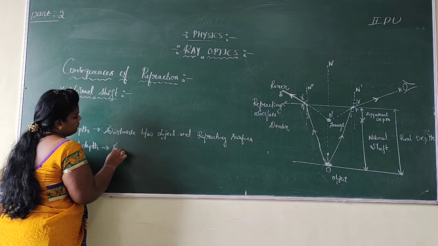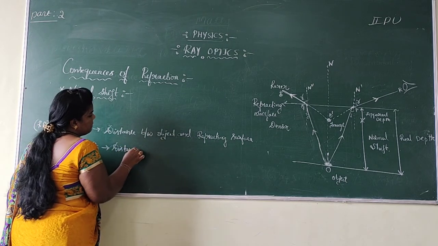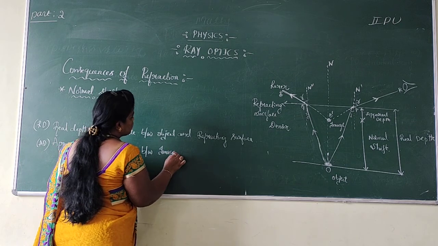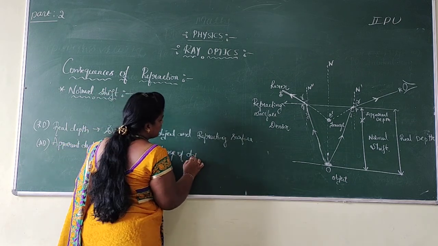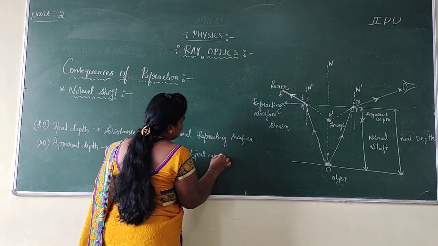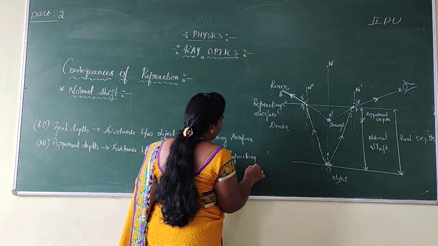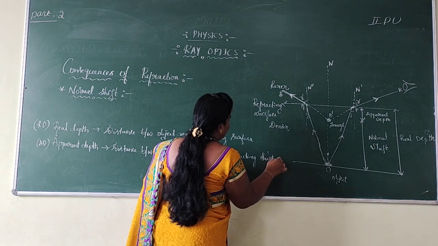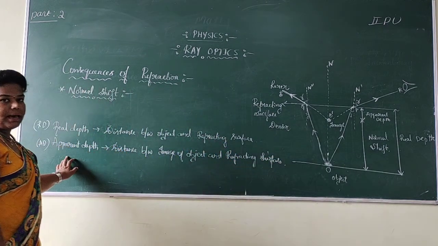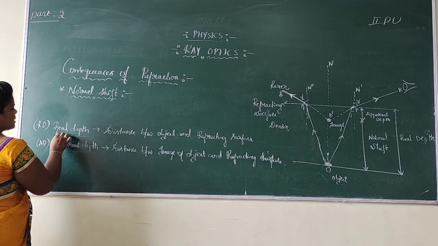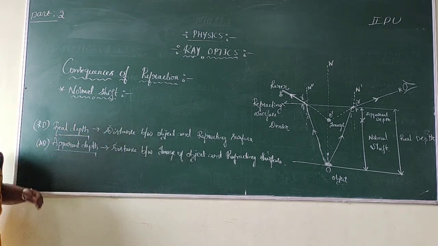What is this apparent depth? It is the distance between the image of the object and the refracting surface. That is said to be the apparent depth. We have defined apparent depth and real depth, right? This is our real depth and this is said to be the apparent depth.